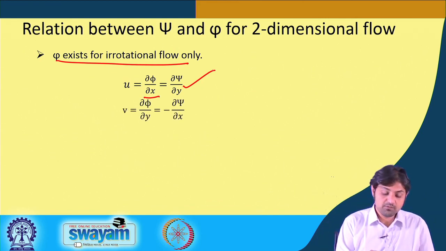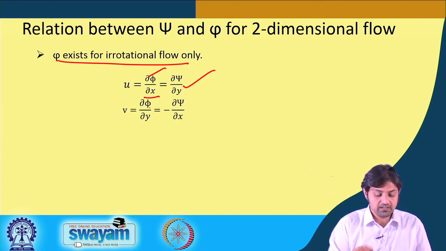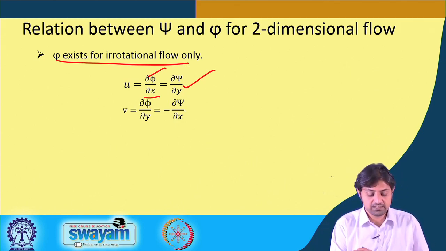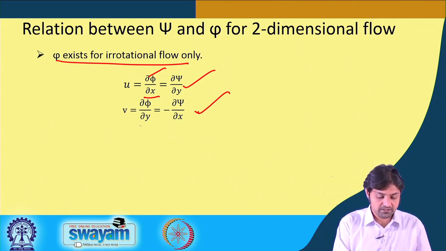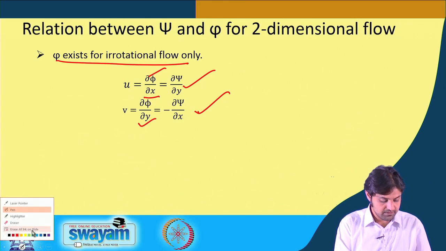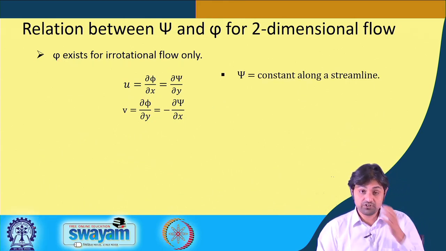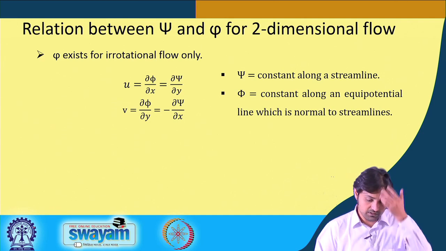Similarly, v is given by del phi by del y, the potential function, and this is equal to, for streamlines, minus del psi by del x. That we have seen before, right? So I will erase this. Psi is constant along a streamline and phi is constant along an equipotential line, which is normal to the streamlines.